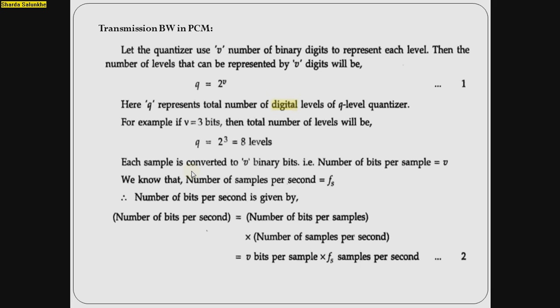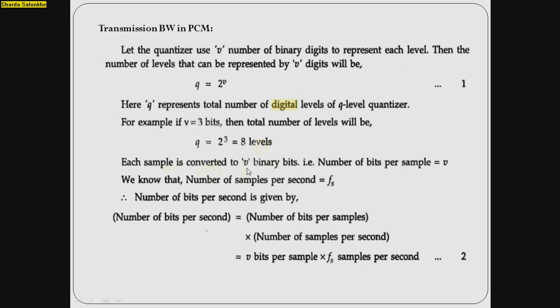Let the quantizer use V number of binary digits to represent each level. And the number of levels that can be represented by V will be Q is equal to 2 raised to V. So suppose V is equal to 3 bits, that is Q is equal to 2 raised to 3, that is 8 levels.